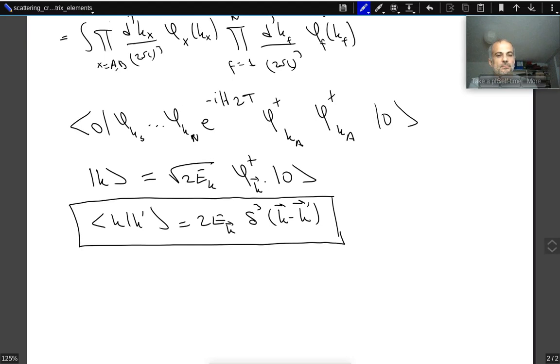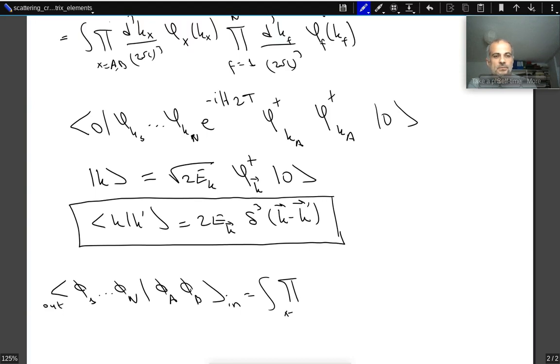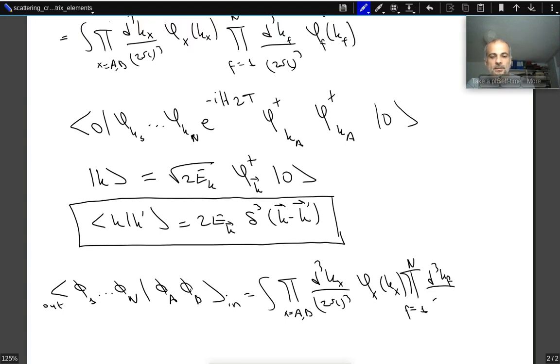So with this convention, we can write this matrix element. So phi 1, phi n, out states, phi a, phi b, in state, this is equal to, well, I have the integral for the a and b particles, d cubed kx divided by 2 pi cubed, phi x of kx, and for f from 1 to n, d cubed kf divided by 2 pi cubed, phi f star of kf.